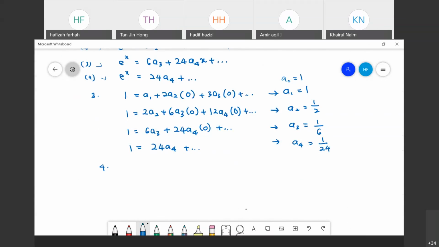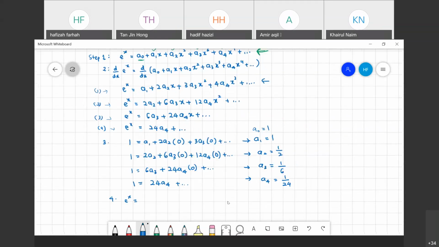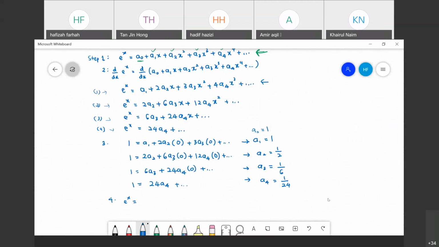So we have e to the power of x equals a naught which is 1, plus a1 which is x, plus a2 which is x squared over 2, plus 1 over 6 x cubed, and then our a4 is x to the power of 4 over 24. So now our expansion of the exponential is equal to this.